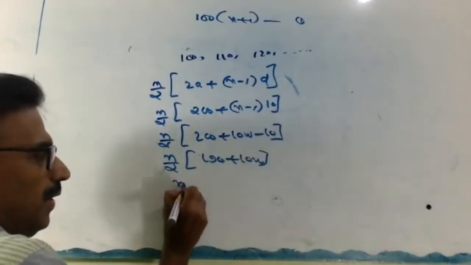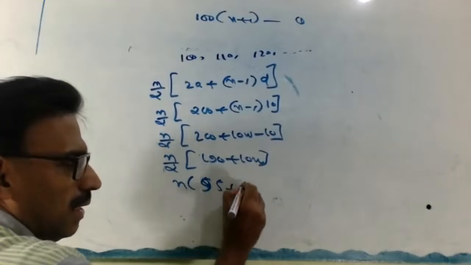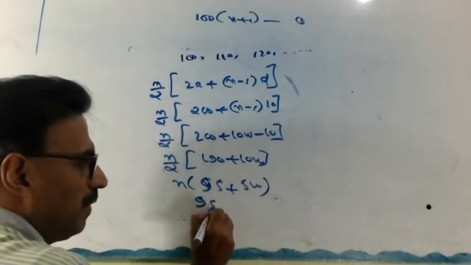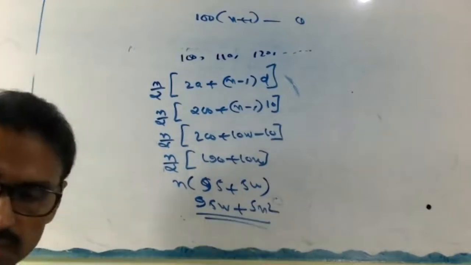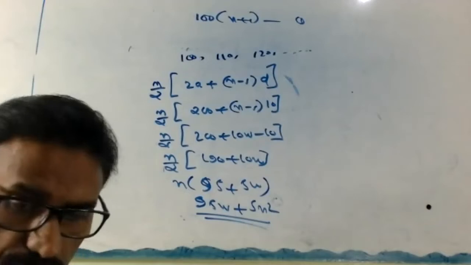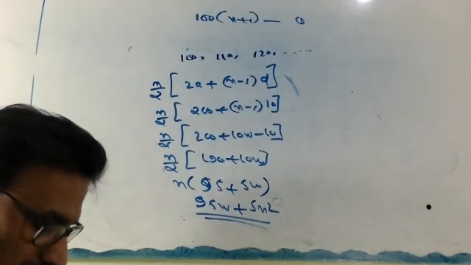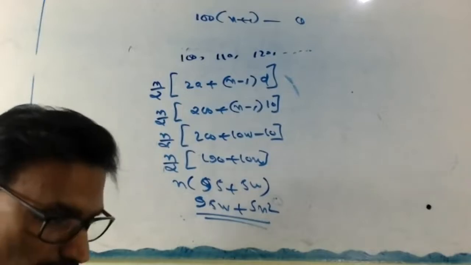So n into (95 plus 5n), so 95n plus 5n square. Okay, this is the distance traveled by the police. Up to here, okay or not?